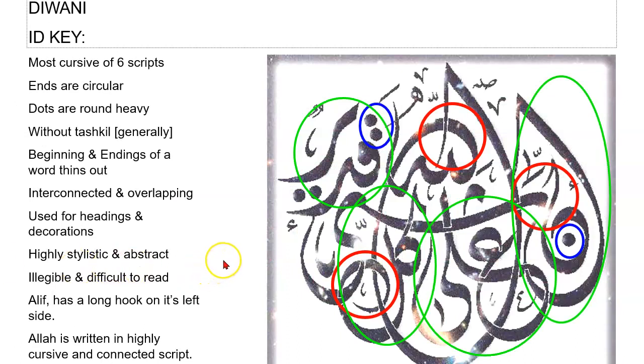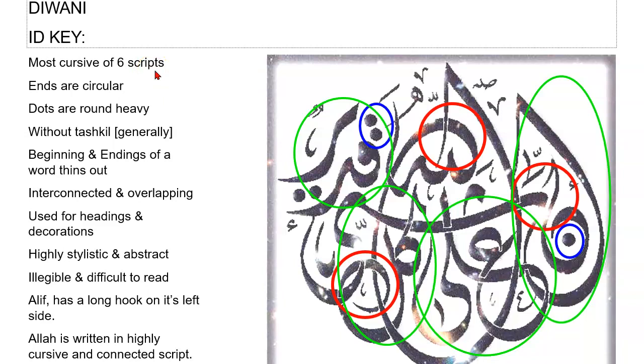And that is the Turkish Ottoman Divani script that was really highly stylized. Most cursive script of all 5 or 6 of these scripts we talked about. Divan is the parliament, or it's also called chancellery script, Divani, right from there.